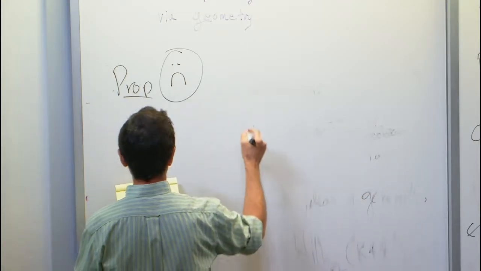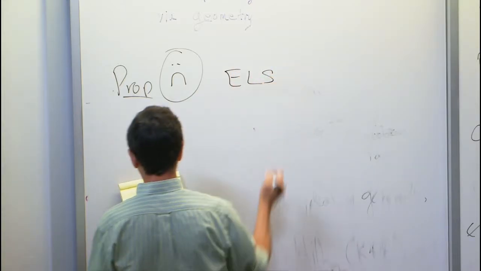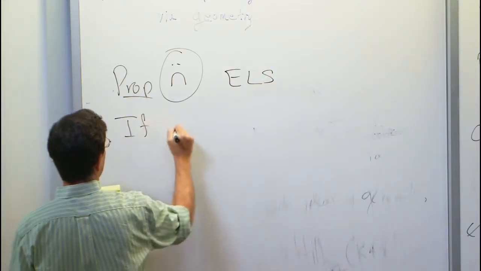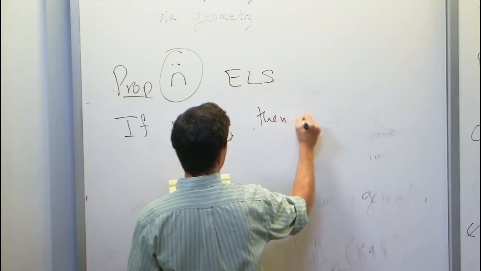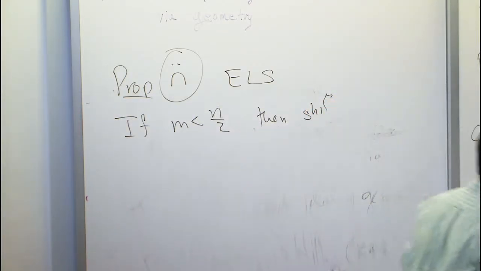So here's the unhappy proposition. If m is less than n over 2, then, oh, I forgot. Yes, one more shifted partial. Oh, I'll write it up here. Yes, this is an important one.